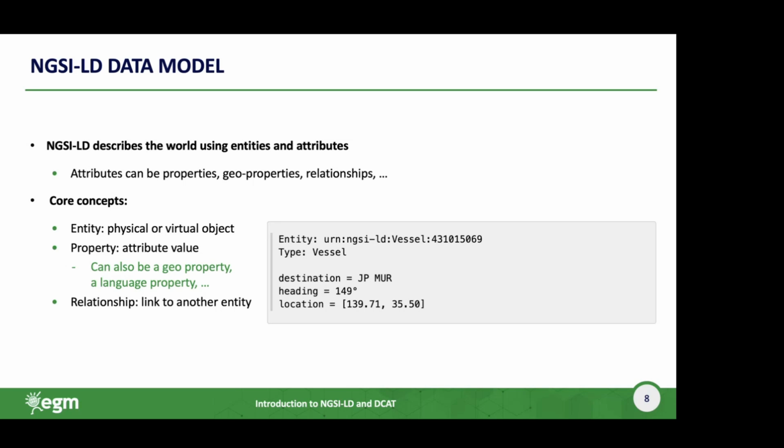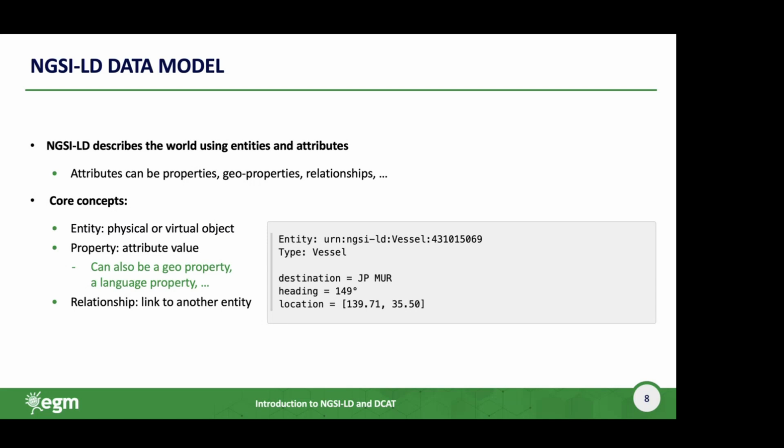A property is the value of an attribute, which can be more specified, like for instance a geo-property, which typically will be a location, like a point, a polygon, a line, and so on. Or else it can be a language property.